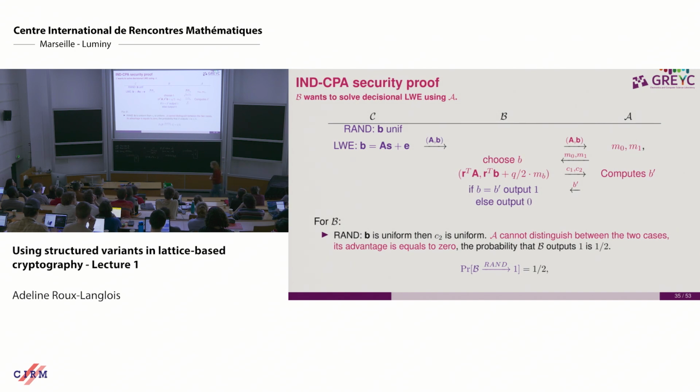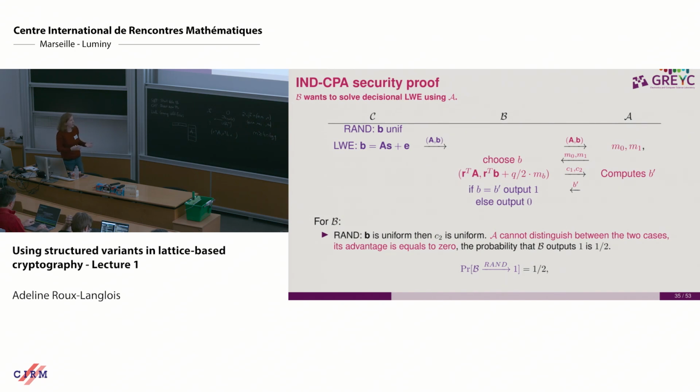I will use it and say to A, here is my public key, it's A, b. A chooses M0 and M1, and B will encrypt one of them. To encrypt, he doesn't have to know the secret key, so it's fine. He can do it with A, b, even if he does not know S. He sends the ciphertext to A, which computes a bit and sends it to B, and B says, okay, if b equals b prime, I output 1, else I output 0.